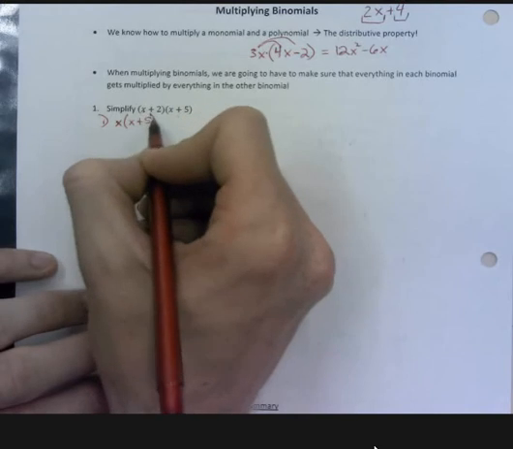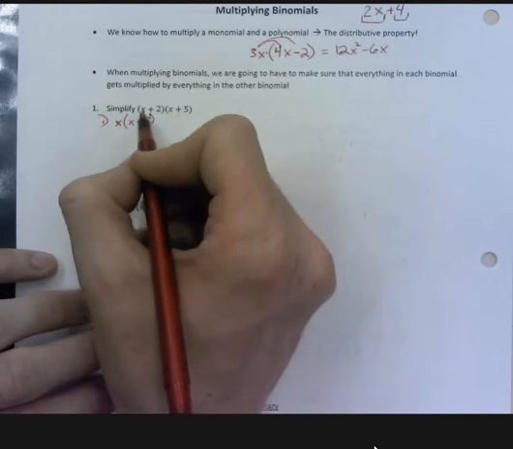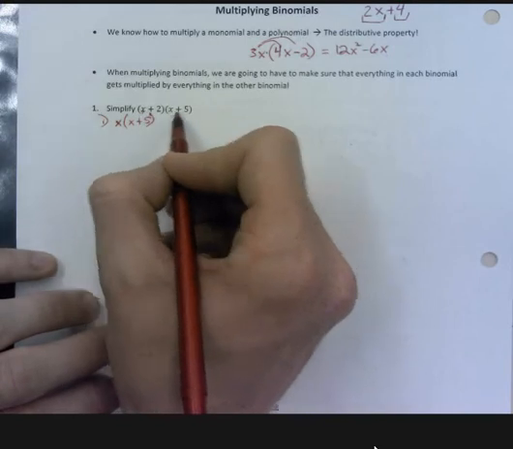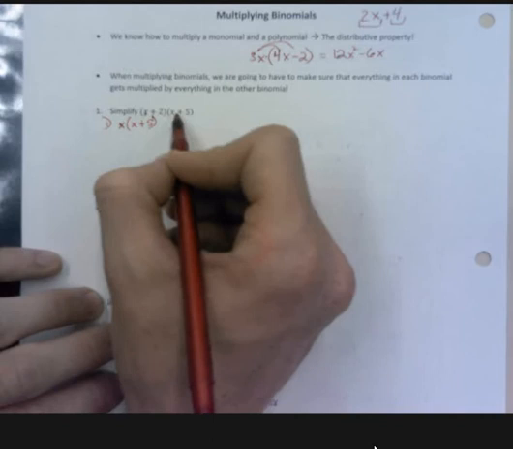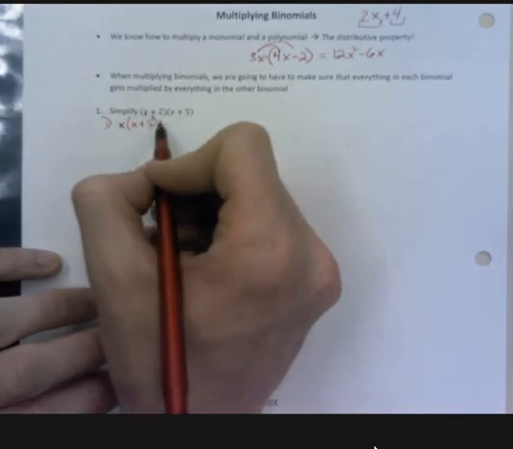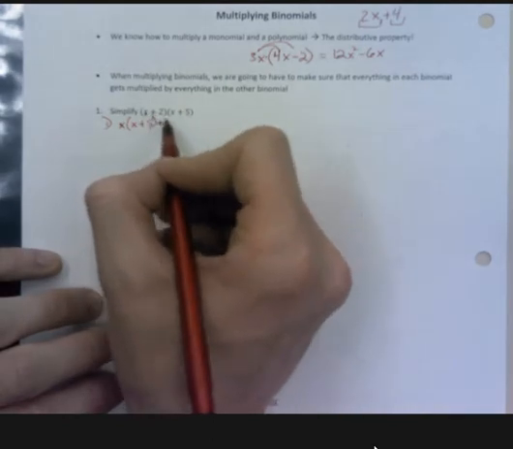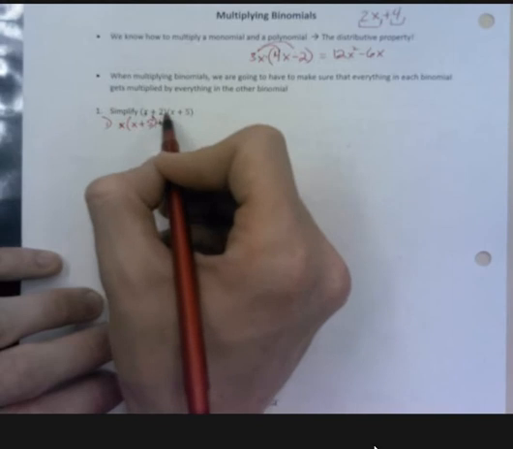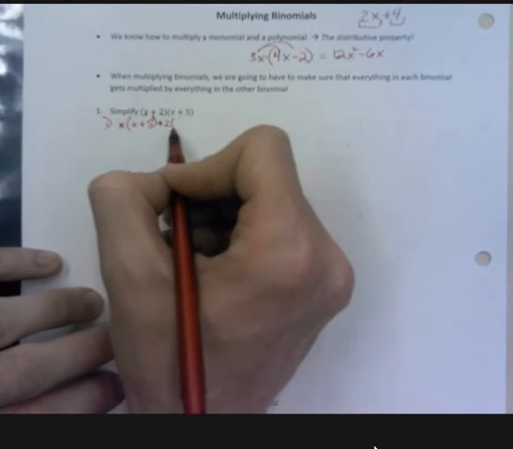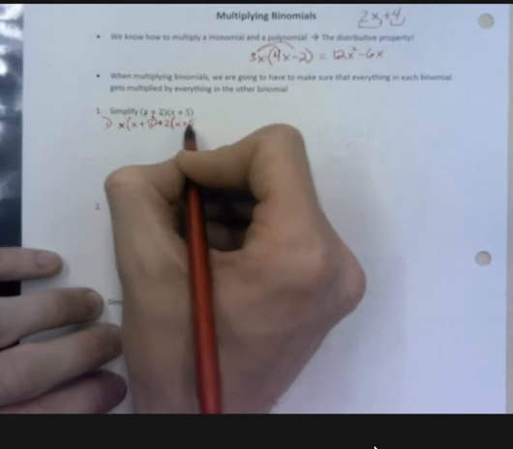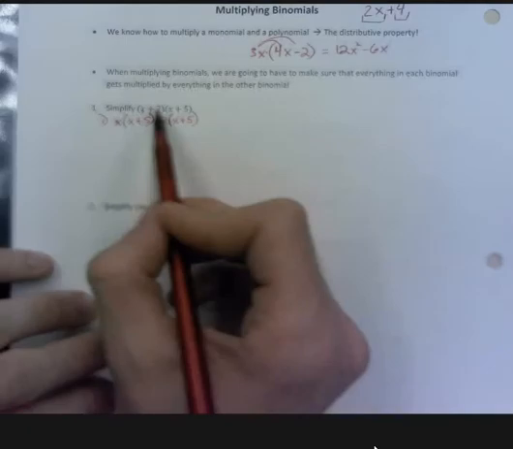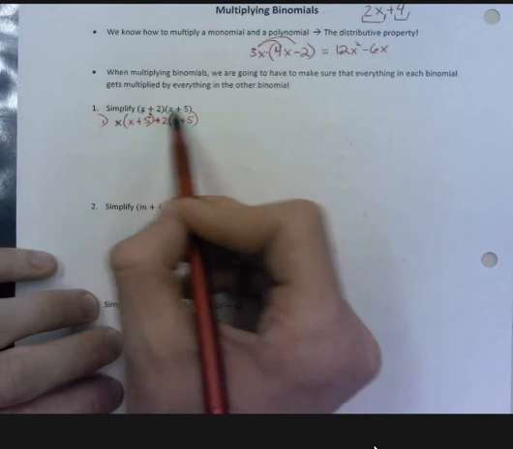So I took the first term in my binomial on the left, and I multiplied it by everything in the right binomial. Then I'm going to add my next number in my first binomial, and I'm going to multiply that by everything in the second binomial. This way, I'm making sure that everything in here gets multiplied by all that stuff.